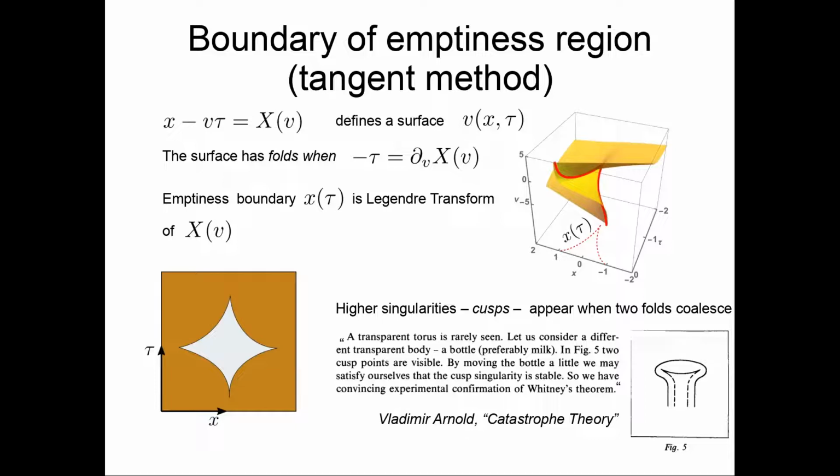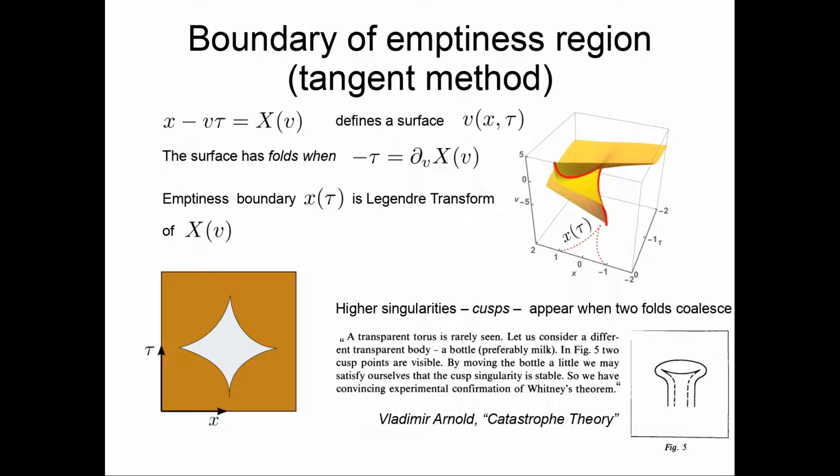And then it is known that such singularities called folds can meet, and when they coalesce, they create caustics or cusps. One example of this: if you take a bottle, it was suggested to use a milk bottle, but in fact one can use any bottle, and we probably can make this experiment later today.